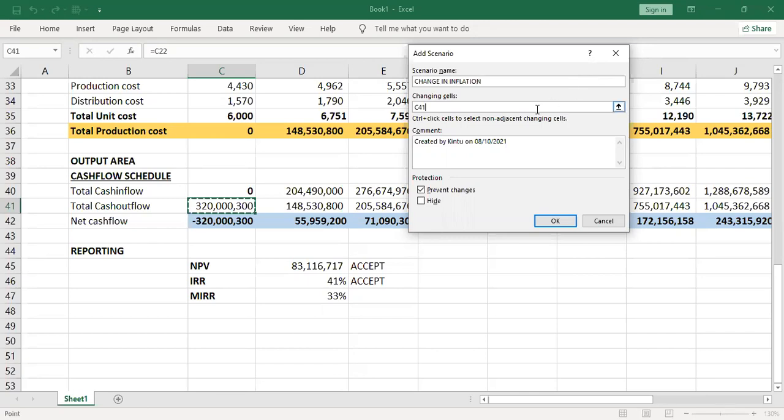Now you go to the changing cell. In this case, what is the changing cell? It is the one for inflation, the cell that has the inflation rate in the second half of the project's life. So go where there is changing cell, press backspace to delete whatever you have at that point.